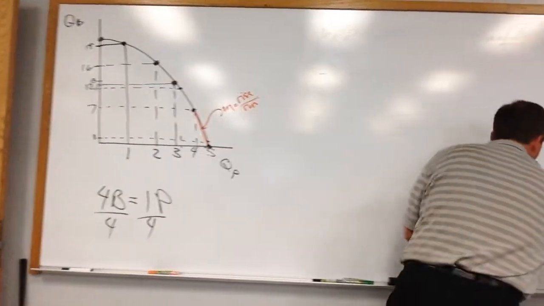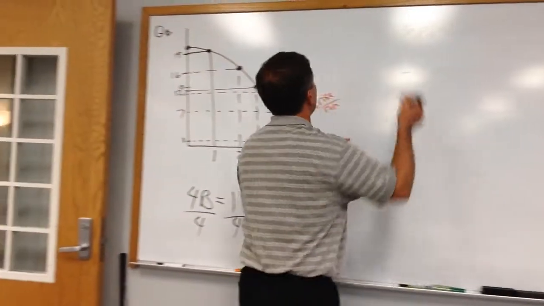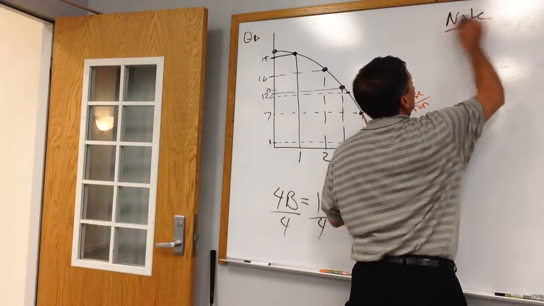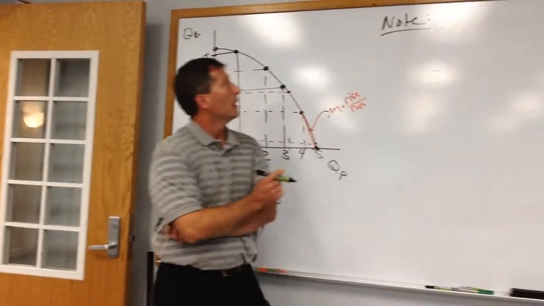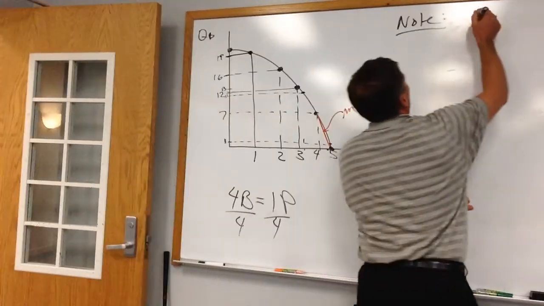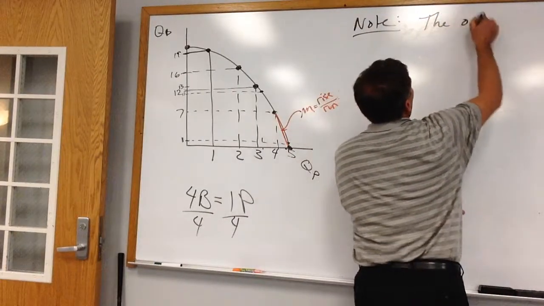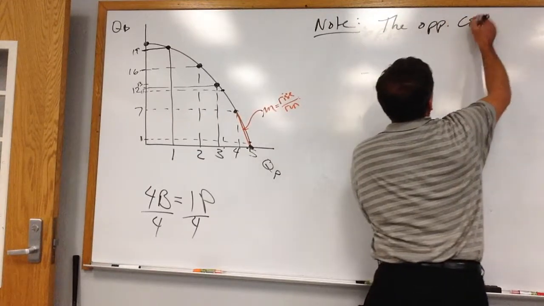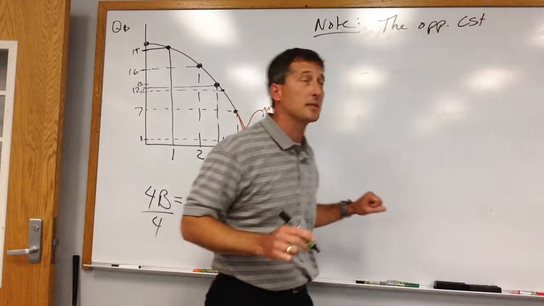Okay, and so this last note that I already said, I want to make sure you get it down in your notes, is a double check. So note, the opportunity cost, this will really help you out on some of the homework problems and test problems.